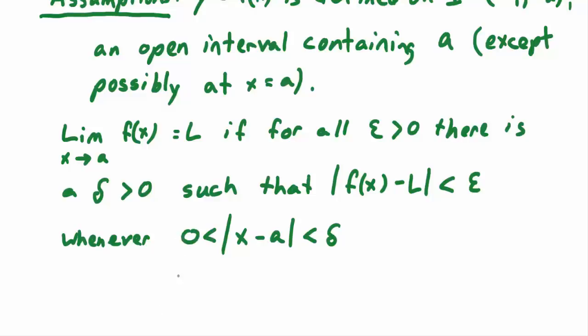So the distance is bigger than 0, in between 0 and delta.